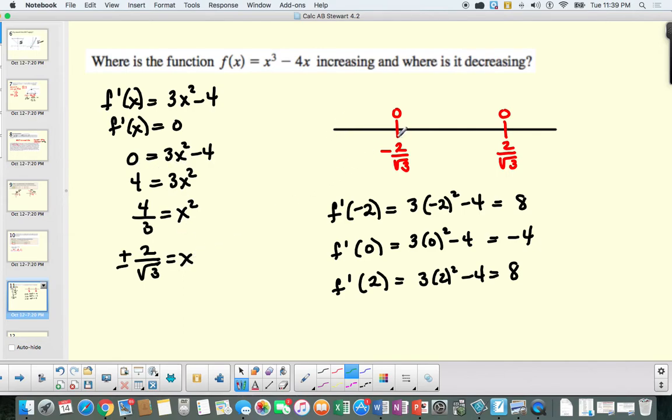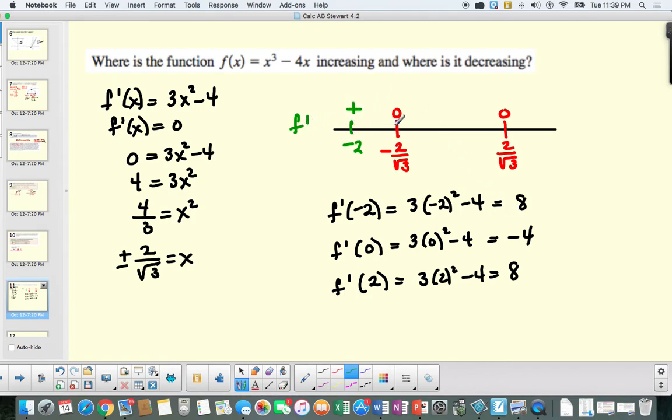And this is a little number line for the first derivative. I have marked the x values where the derivative is equal to 0. Now I want to check out -2, and when I check out -2, the answer is positive. So the derivative is positive, which means it is increasing, so I put a plus.